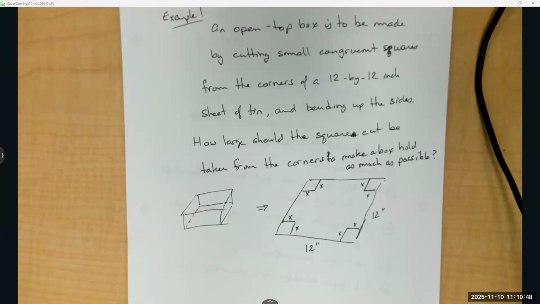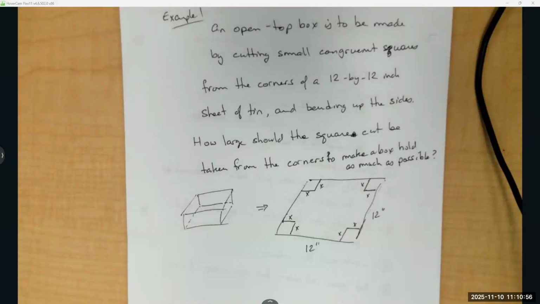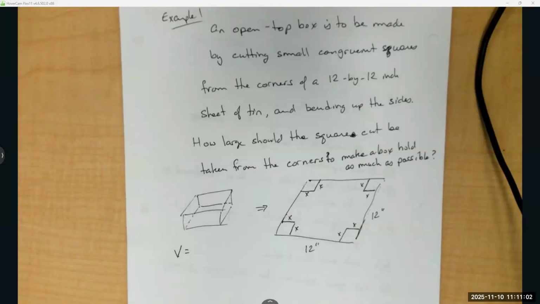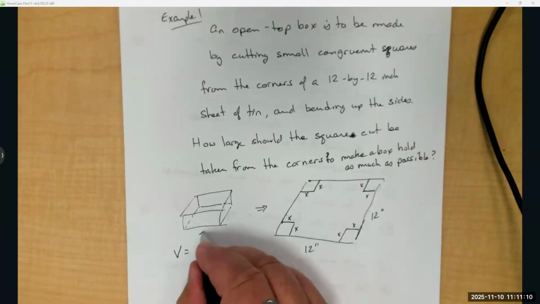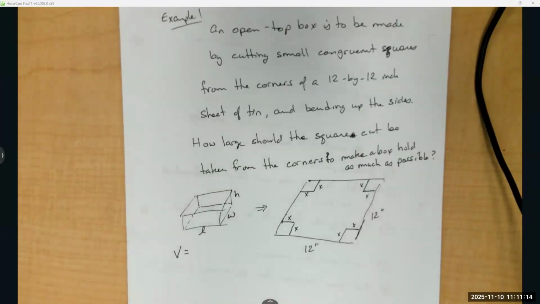It's looking for the stuff inside the box. What is that called? Volume. So we know we're dealing with a volume. What's the formula for volume? We have the length, the width, and the height. Great, two equations.